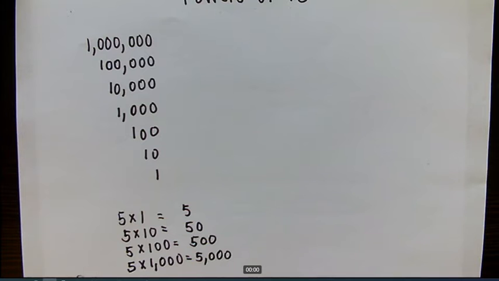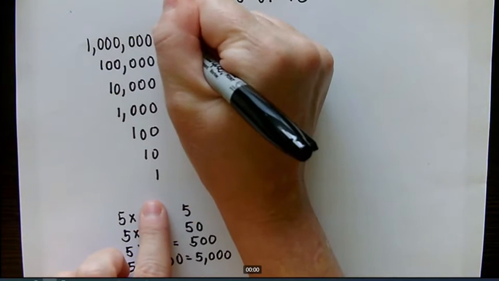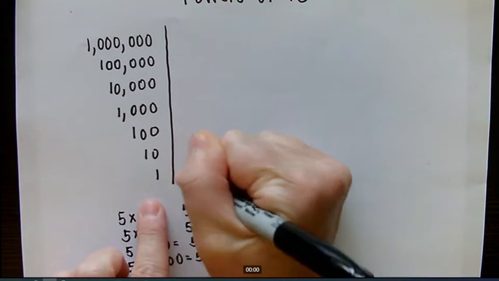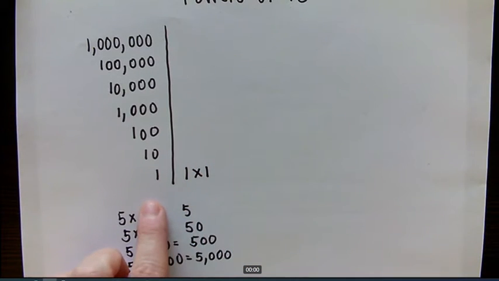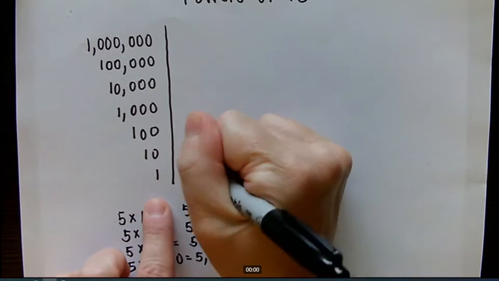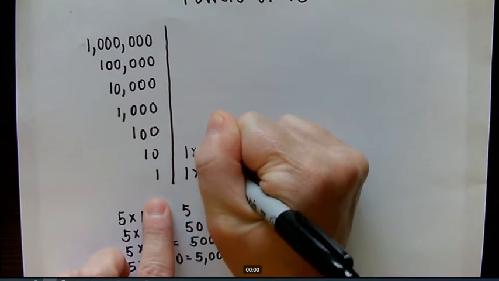Now, when you are working in 4th grade and 5th grade, I'm going to kind of draw a line here. We can make 1 by just doing 1 times 1. And then to make 10, we just have 1 times 10.